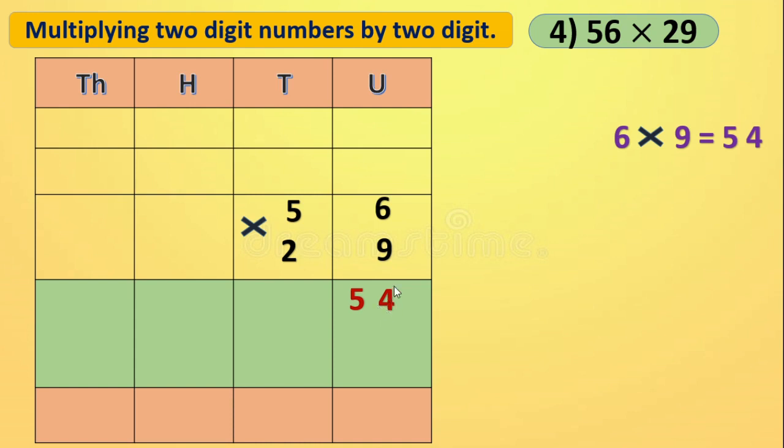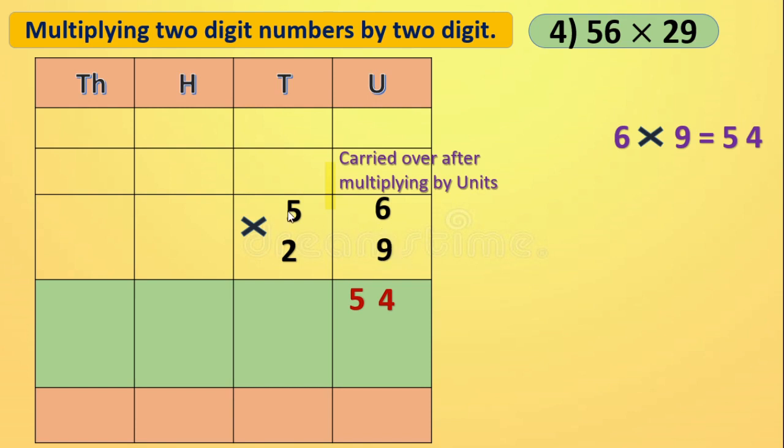But you know that 4 will remain here and 5 is carried over to tens place. Yes, dear children, here I have drawn 2 rows. 2 empty rows you can see here. Why is this so? Because when we multiply the given number by unit, okay, then what? The carried over numbers we can write in this row.